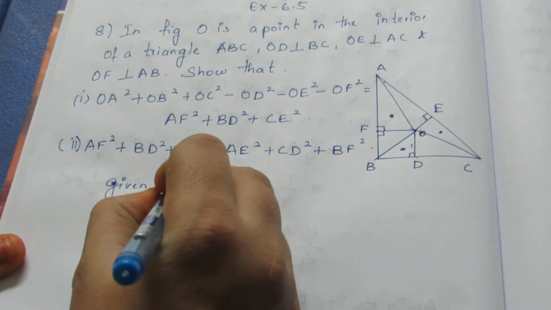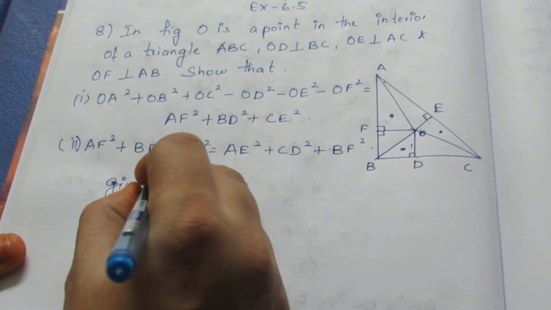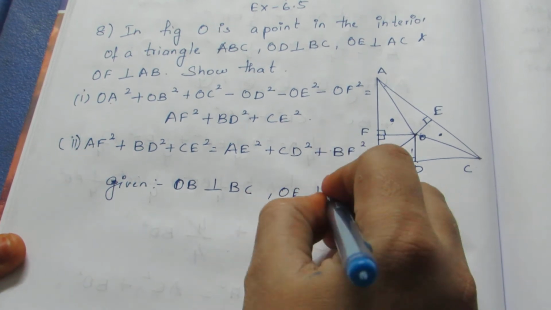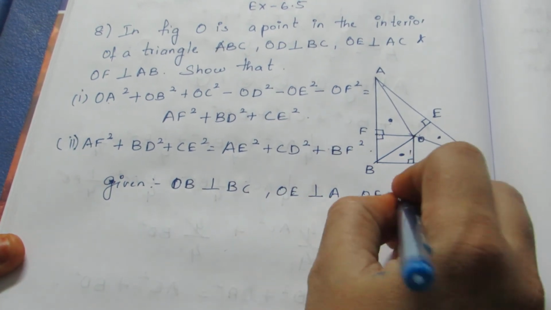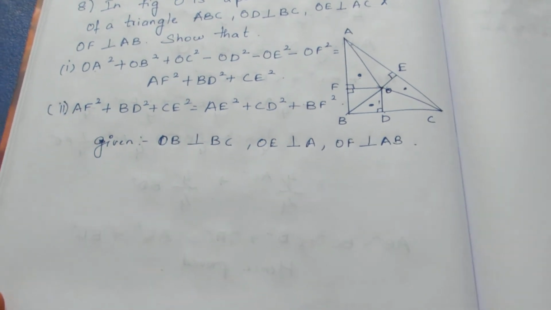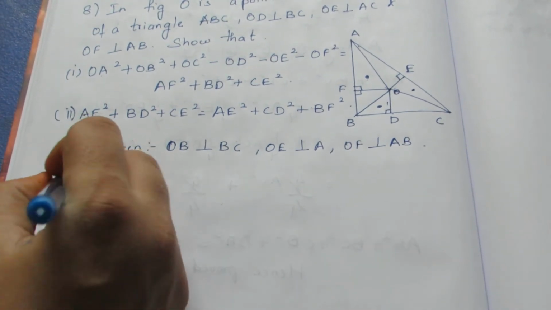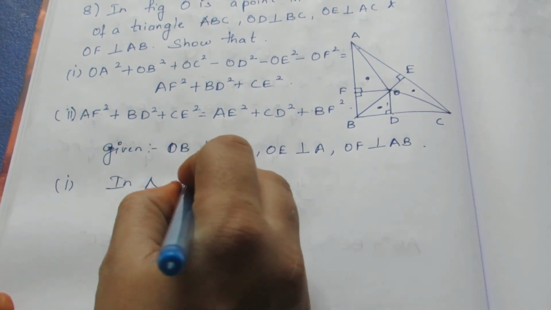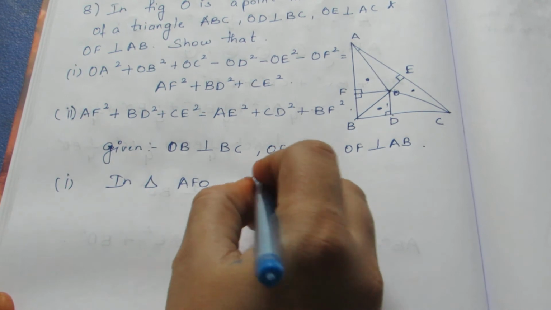Given OD is perpendicular to BC, OE is perpendicular to AC, OF is perpendicular to AB. To prove, write the first subdivision. We are going to prove only the first subdivision now. So in the first subdivision, I am taking triangle AFO, angle F is equal to 90 degrees.